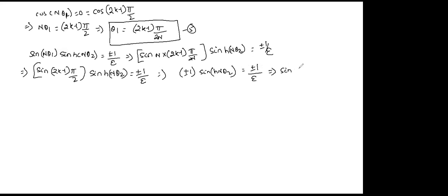That is sin hyperbolic n theta 2 equals 1 by epsilon, that is epsilon inverse.